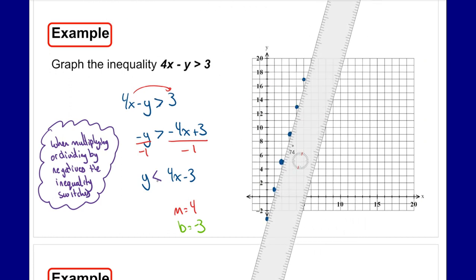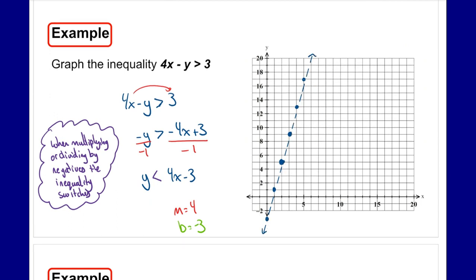Because it is only less than, I'm going to do a dotted line. I'm not going to do a solid line. This is less than. And that means that I have to highlight everything below the line. So again, I picked a bad grid for this because it's a lot of highlighting.